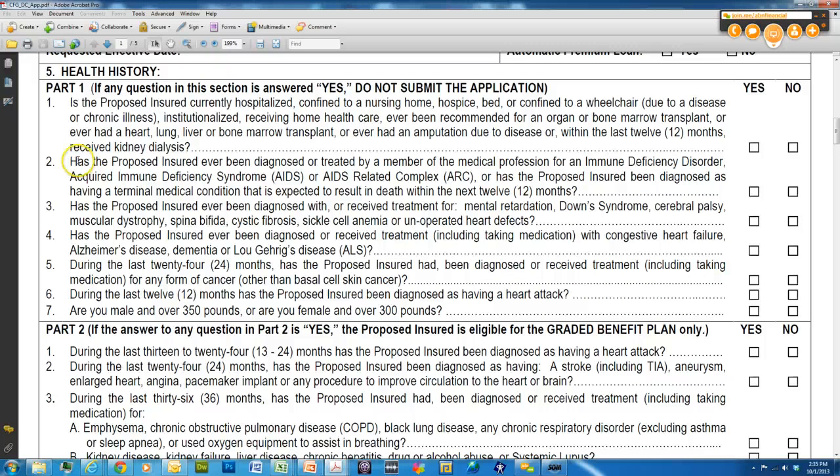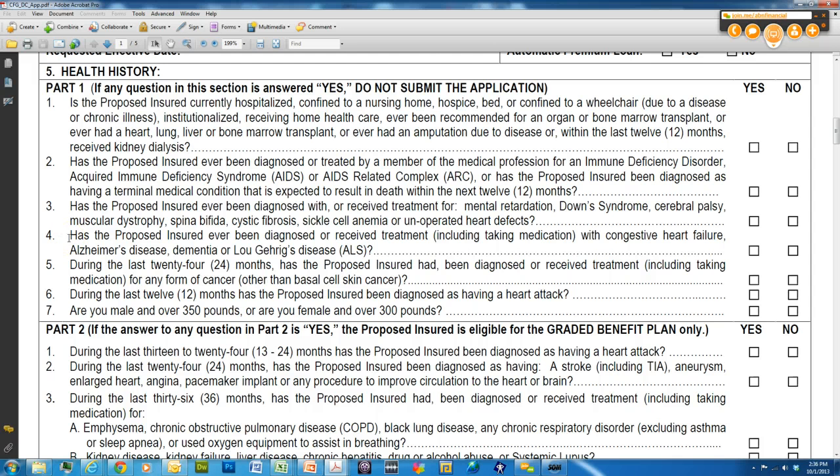The second question is related to AIDS or a terminal medical condition to result in death over the next 12 months. Number 3, be diagnosed with or receive treatment for mental retardation, Down syndrome, cerebral palsy, muscular dystrophy, spina bifida, cystic fibrosis, sickle cell anemia, or unoperated heart defects.